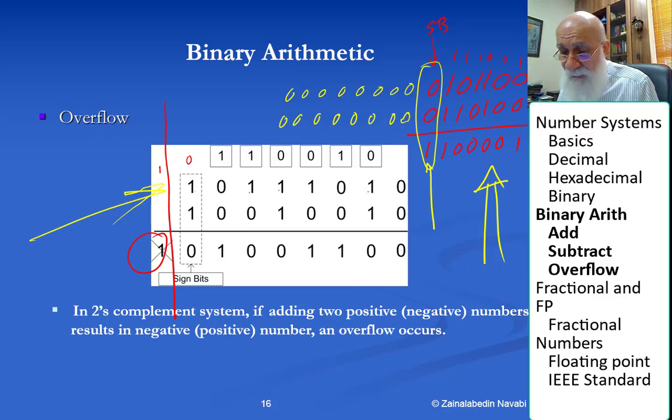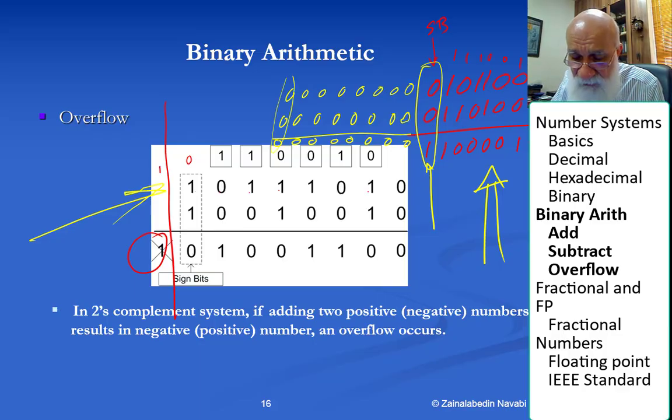When I add these two numbers, when I get to this position, this is a 1, then 0, 0, 0, 0, 0, 0, 0, 0. So adding these two positive numbers in 16 bits results in a positive number. So I have remedied the overflow.